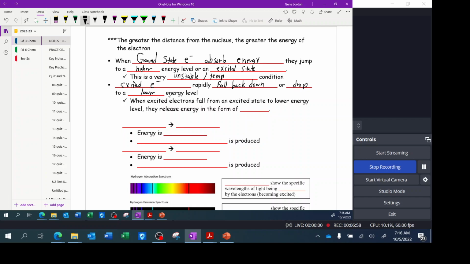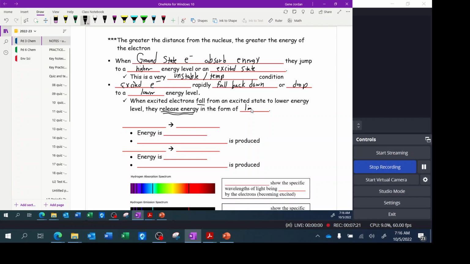Now, something special happens when electrons drop to a lower energy level. The excited electrons fall from an excited state to a low energy state. They release energy. You might not think of it as energy, but the color that you see coming from a flame is light energy.